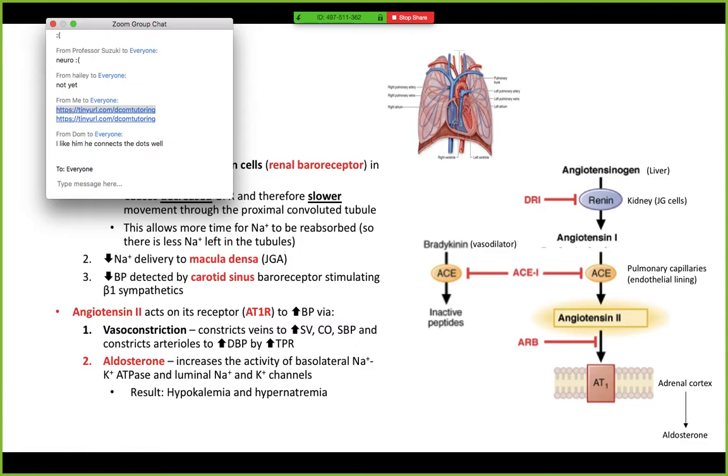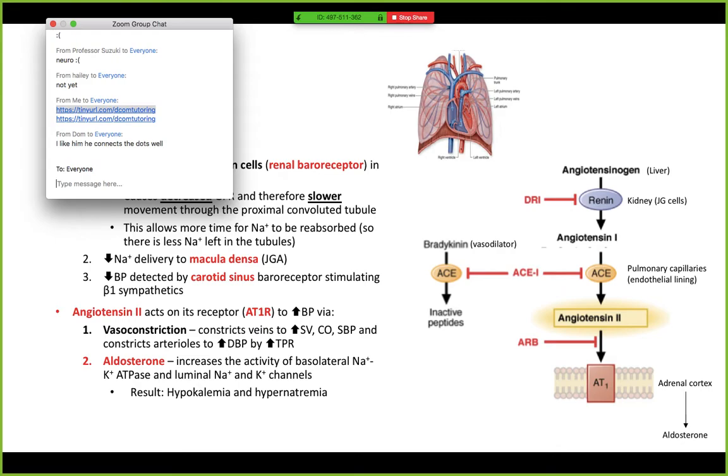And then angiotensin 2 is going to bind to your AT1 receptors, which are found in a variety of places that we'll go over, but perhaps one of the most important places is on the adrenal cortex. And when angiotensin 2 binds to the receptors on the adrenal cortex, it's going to result in the release of aldosterone.